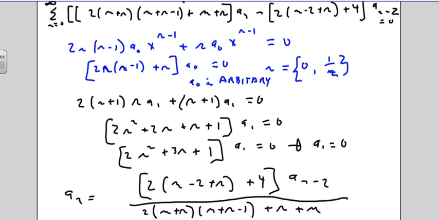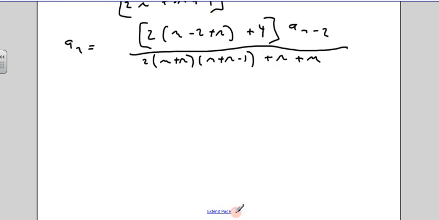Alright, so that's my recurrence formula. And with a little bit of luck, that's right.